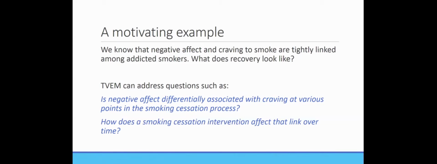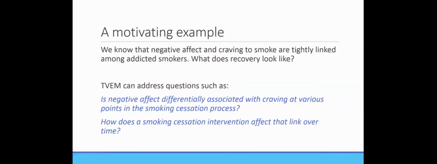But in non-addicted smokers, that effect is absent. And so presumably, when people quit smoking, that association between negative affect and craving to smoke dissipates with time, and eventually, as they return to normal, it's no longer associated. So that's a kind of question TVEM can be used to address.